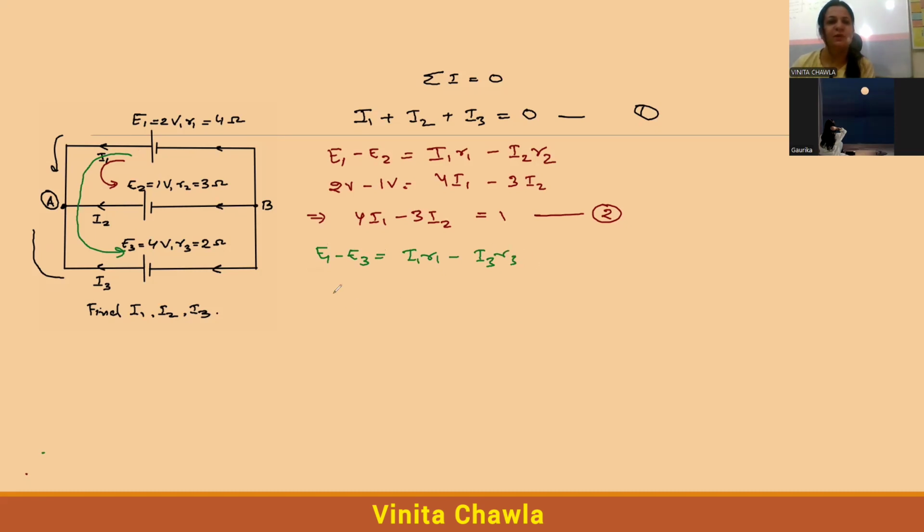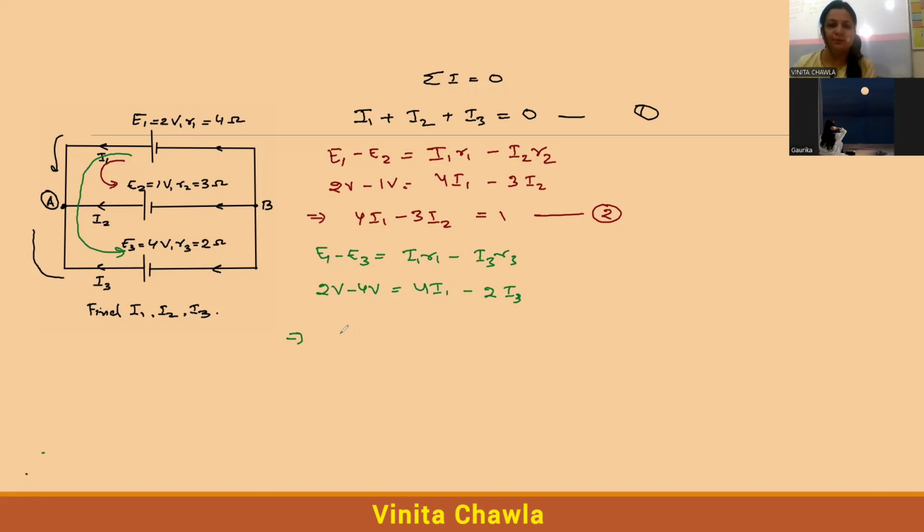Okay, now put the values. E1 is 2 volt, E3 is 4 volt, I1 R1 is 4 I1 minus I3 R3 is 2 I3. So we can see that all are multiples of 2, no?